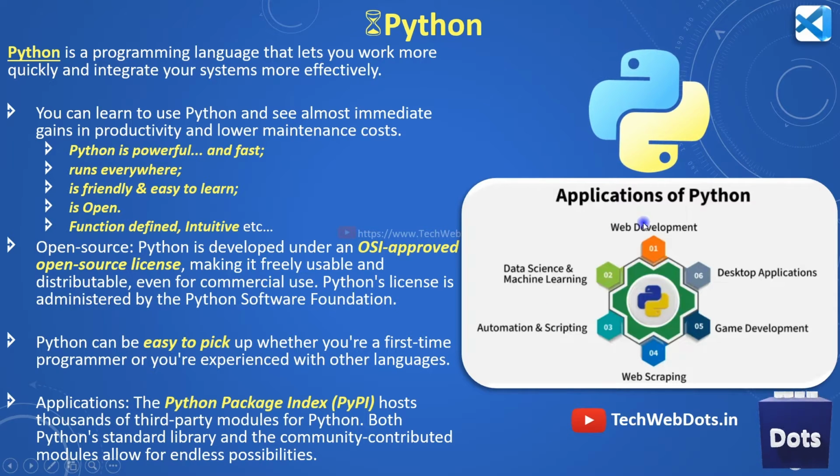If you see on the right-hand side, the applications of Python start with web development, data science and machine learning, which is booming as of now, automation and scripting, web scraping, game development, desktop applications, and there are many more areas where you can use Python.